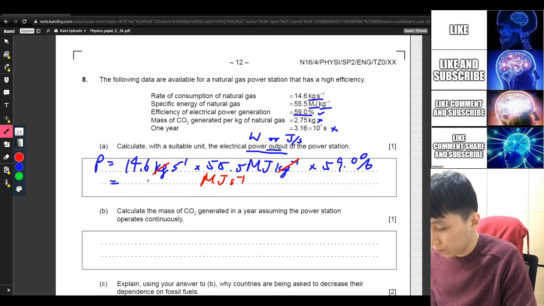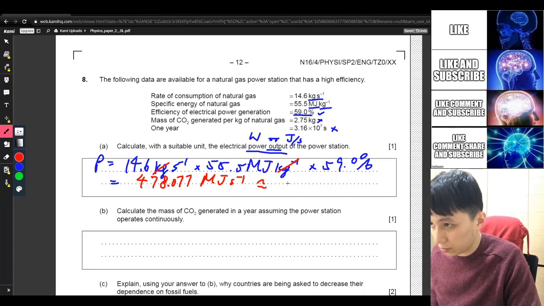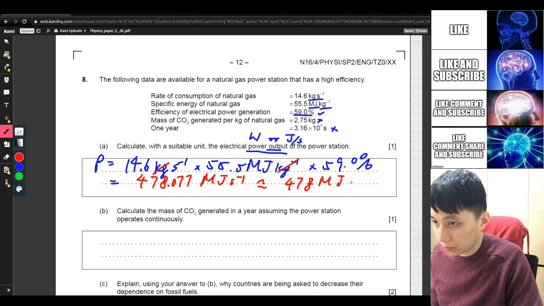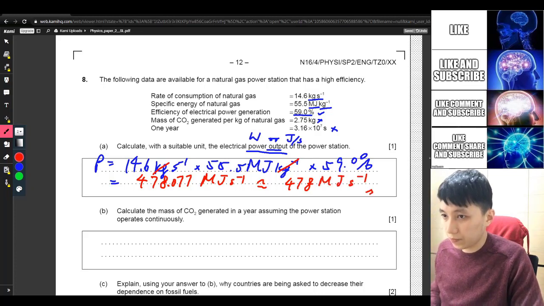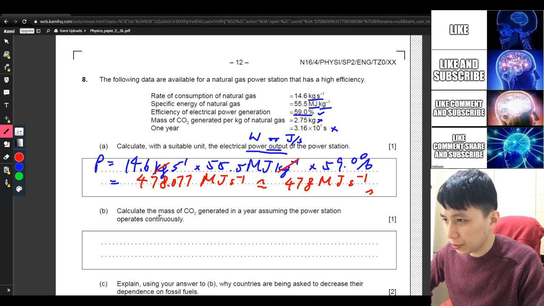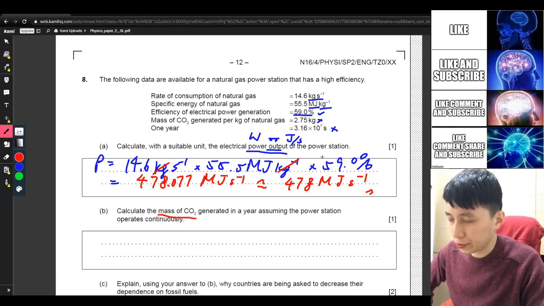That's the power. The numerical answer you get is this one. Okay, and if you like to round it, that would be 3 sig fig. So yeah, here's the answer.